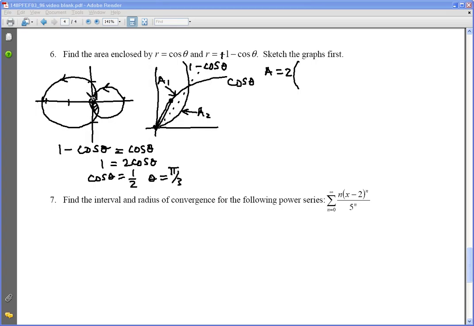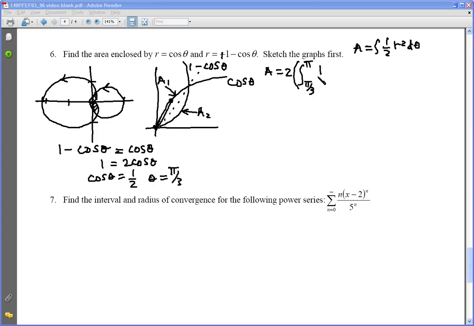So in other words, this angle here is 90 degrees when you're right there at the origin. This circle is tangent at the origin. So our first integral is going to go from pi over 3 to pi over 2. And area is the integral. Remember here that area is the integral of 1/2 r squared d theta.